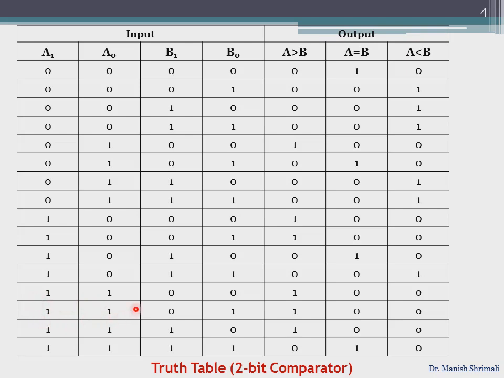This is the decimal equivalent of A1 and A0 taken together, and that is the weightage which we are calculating, and this is how we are going to calculate in the entire truth table.